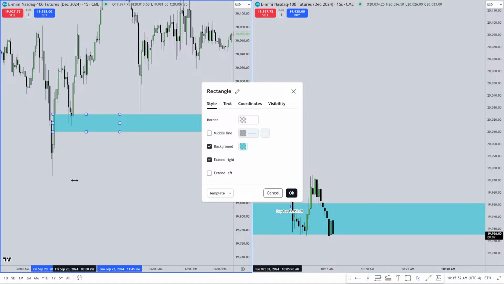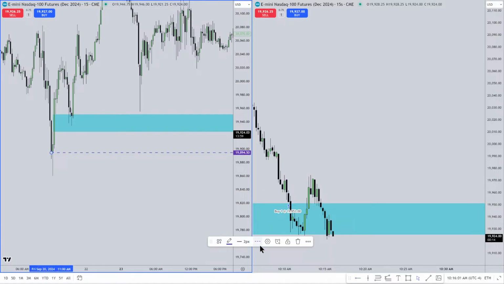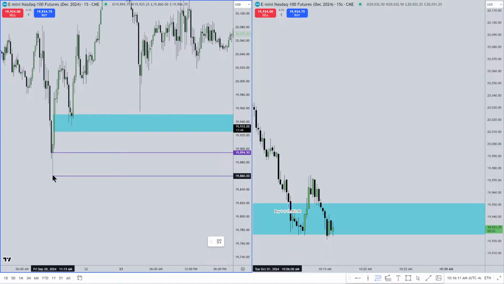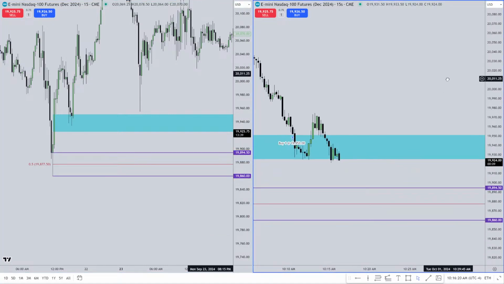So the next order of business would be the rejection block there, and then the actual low. And if you want extra credit, you can do the consequent encroachment of the wick there. So there's our next three key levels, and that would look like these over here.